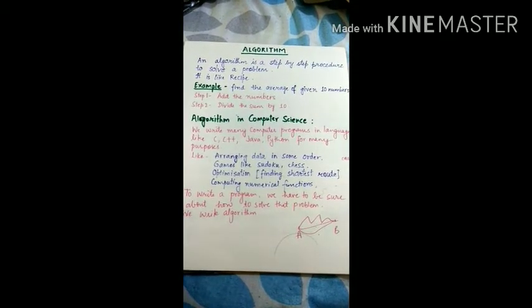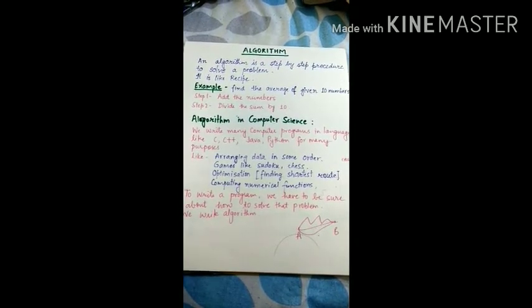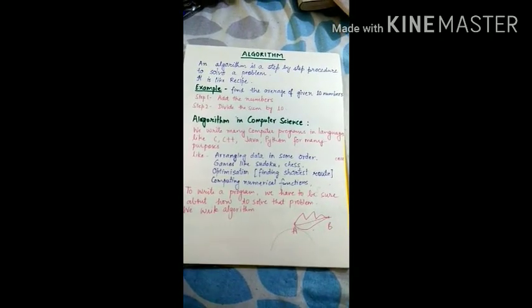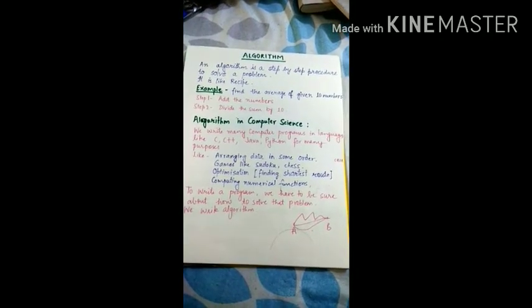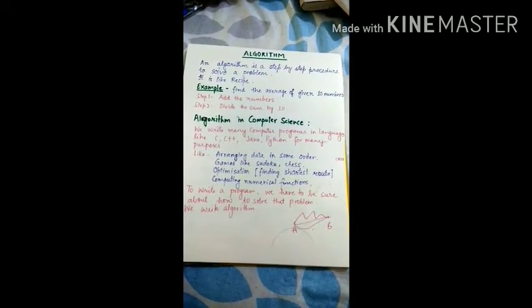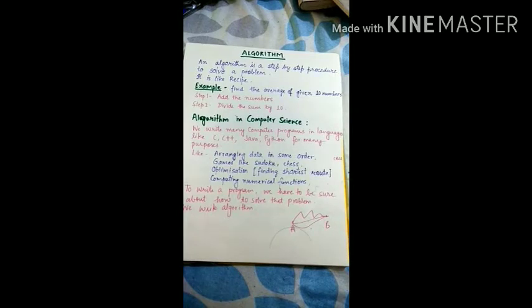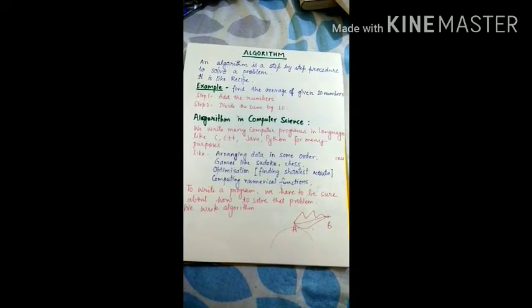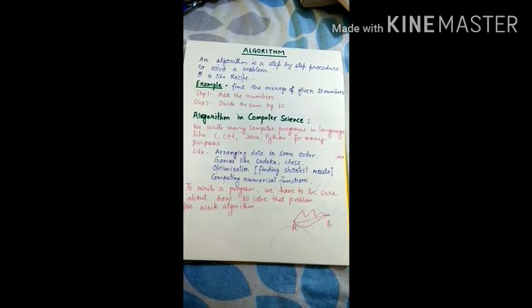Now this was the idea of what an algorithm is in general. But what do we mean by algorithm in computer science, or why do we need them? You might have heard about programming languages like C, C++, Java, Python and many others. We write computer programs in these languages. And for what kinds of things do we write computer programs? We write computer programs for four kinds of things here.